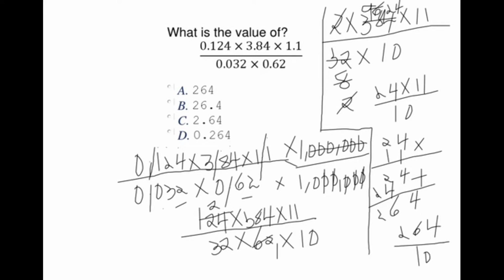So when we divide by 10, we'll have the decimal point here. We have 26.4. So B is our answer.